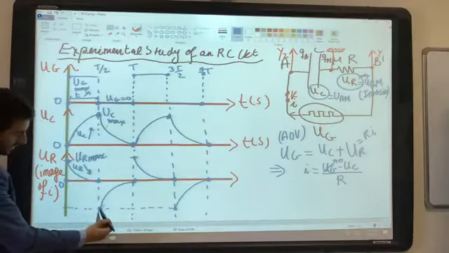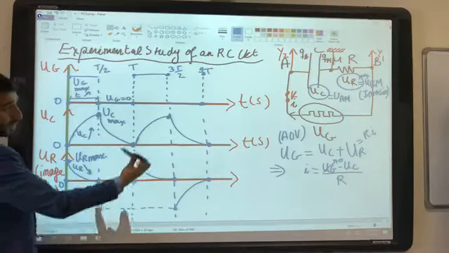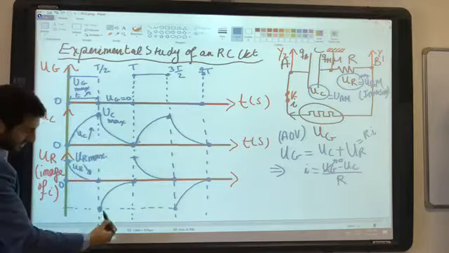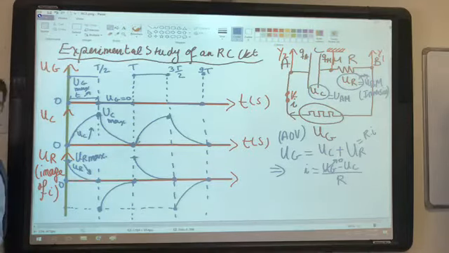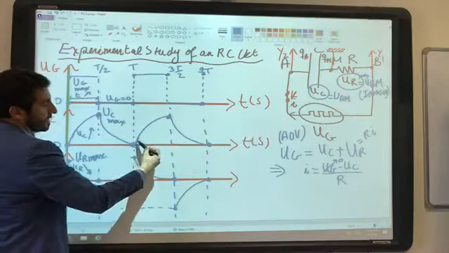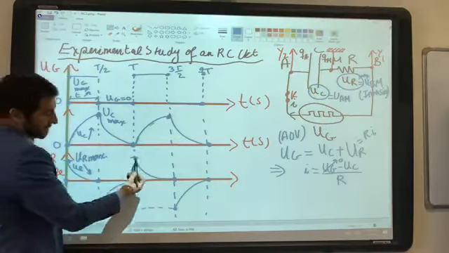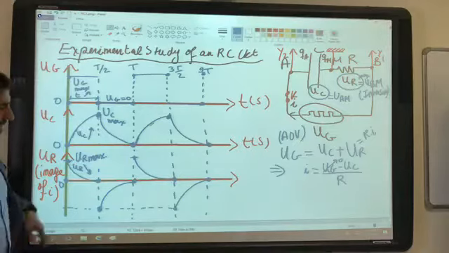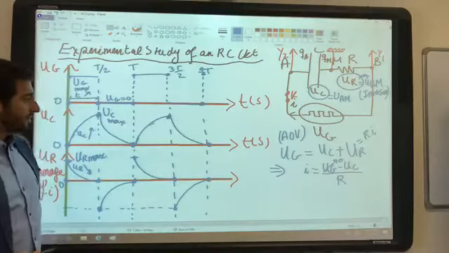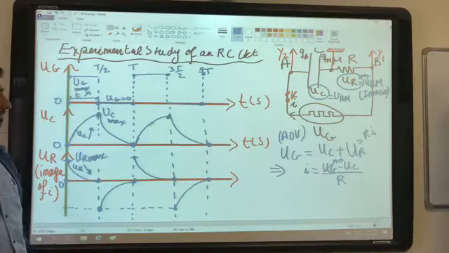So the current will increase and will consume actually the current, and this is happening simultaneously with this curve. And likewise, while the voltage is maximum, the capacitor is charging, the current in the resistance is decreasing, and so forth.